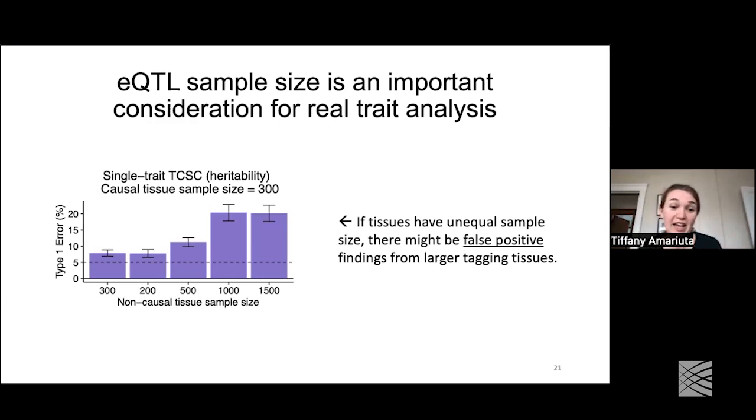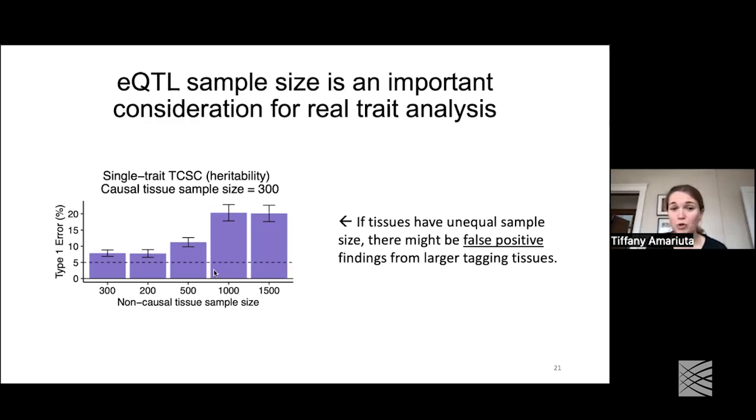That is because having larger sample sizes at tagging tissues will make the estimated eQTL effects more accurate and will have an effect on the model such that the model believes that there's more causal signal that can be attributed to those tissues. So it's not a surprising result, but it is an important consideration for processing data in real life when applying this method.